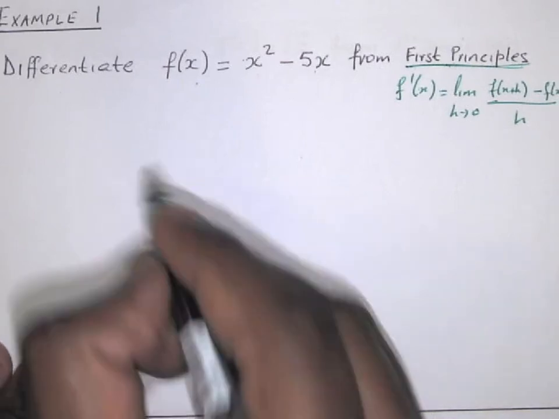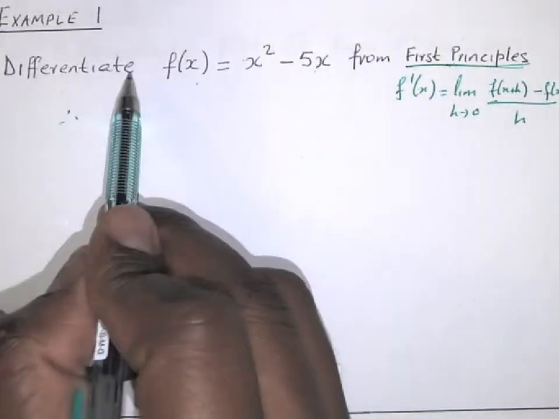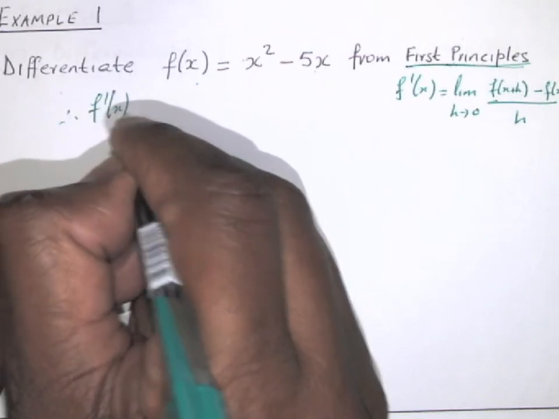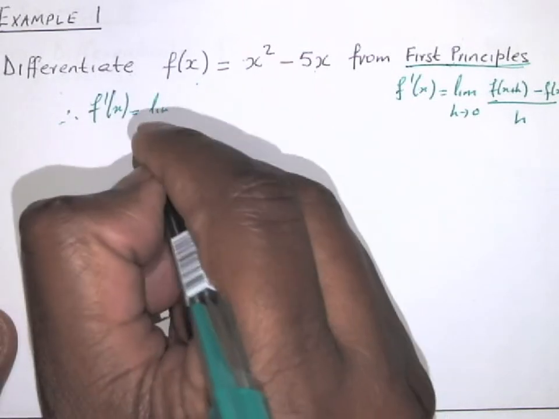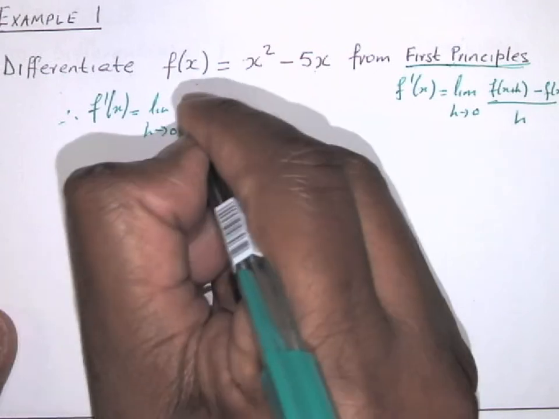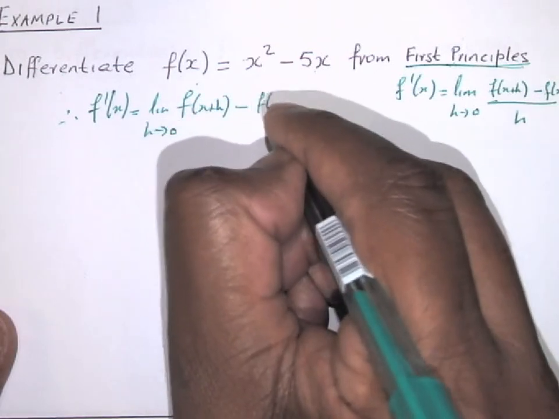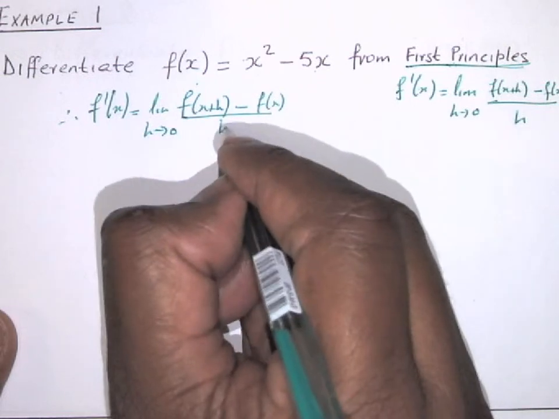So as I differentiate from first principles, f dash of x is equal to the limit as h approaches 0 of f of x plus h minus f of x all over h.